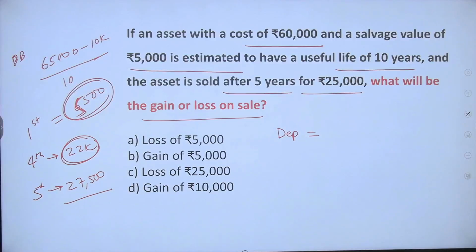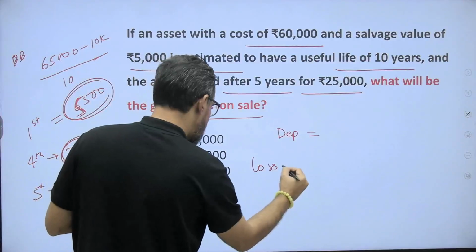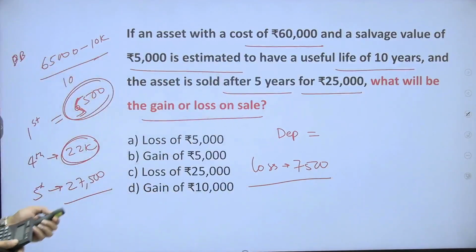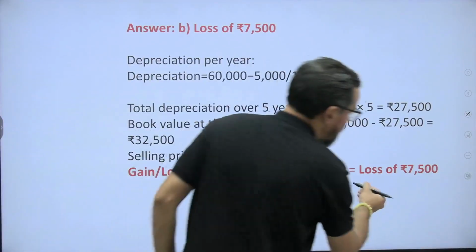There was some calculation error, but it is a loss of 7,500. Yes, they incurred a loss of 7,500.